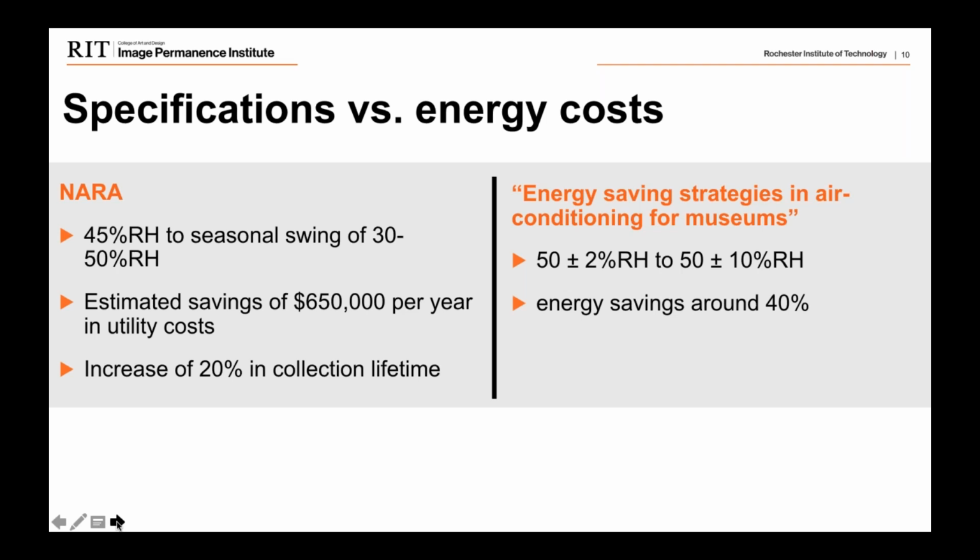So as we broaden those conditions, and in none of these instances are we recommending that you sacrifice preservation or that you put the collection at risk. We're just implementing the correct band for the collection. They did result in energy savings, and you can see specifically in the case of the National Archives, where they were measuring this, that it actually did ultimately result in an increase in preservation as well.